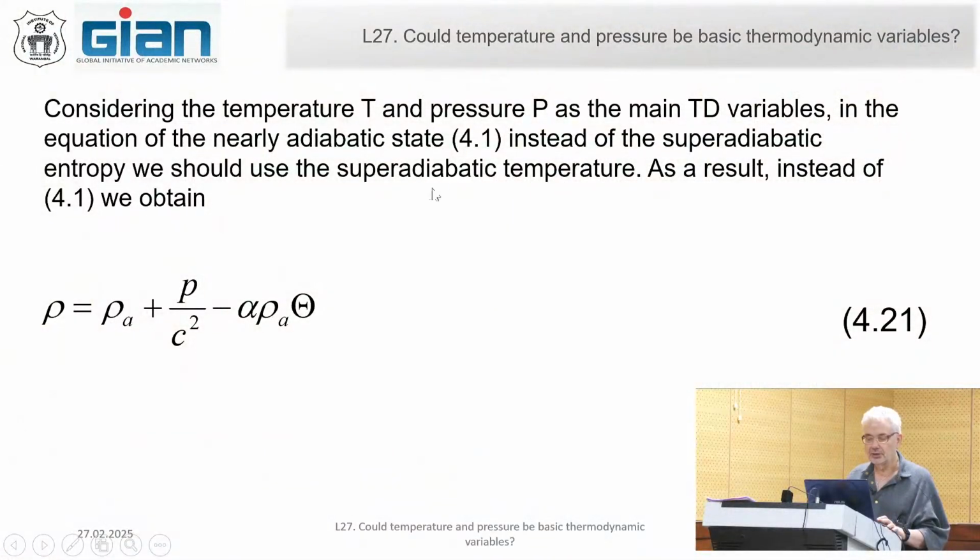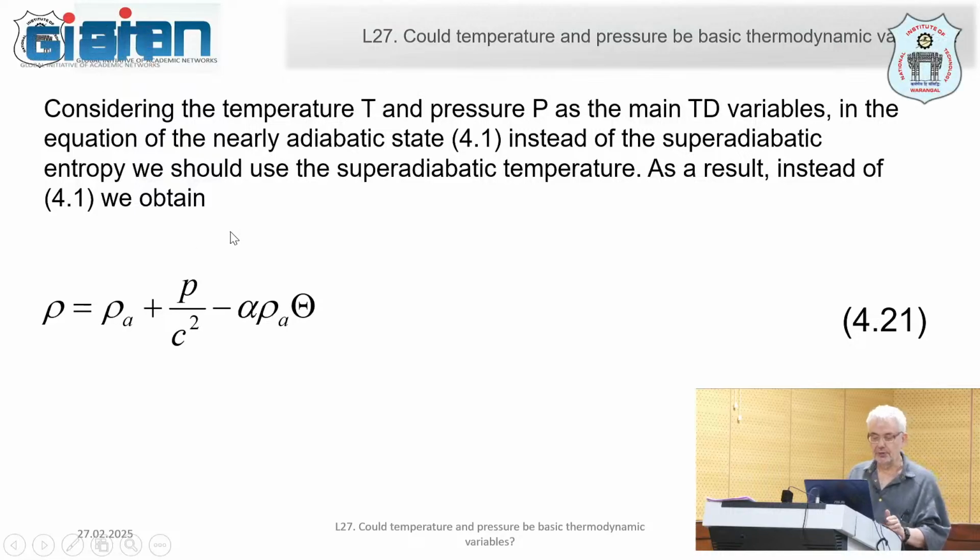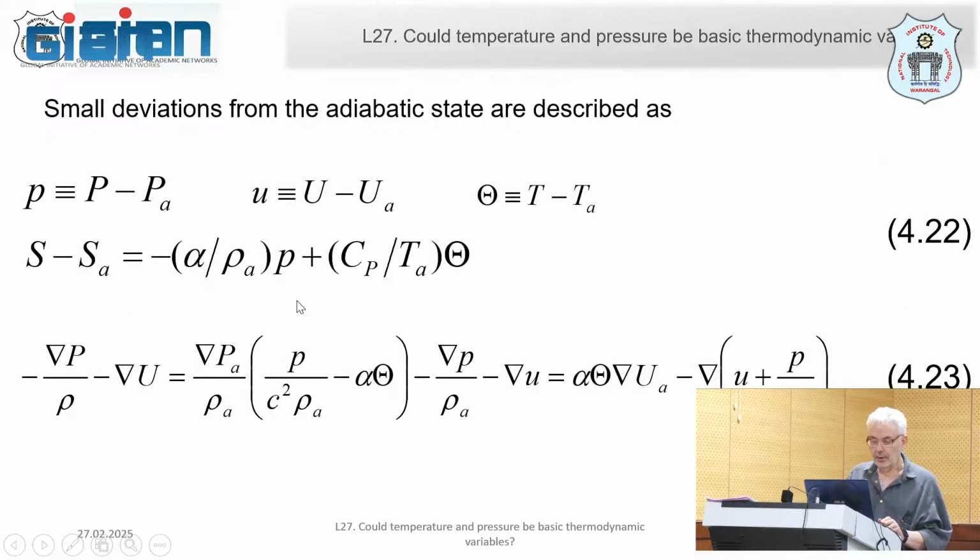As a result, instead of 4.1 we obtain the following. So the result is the same for the gravity potential, and I just told you about this variation in the temperature.